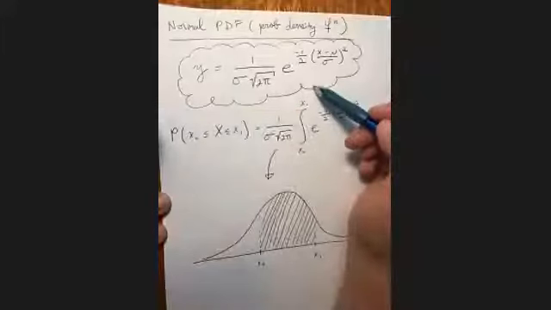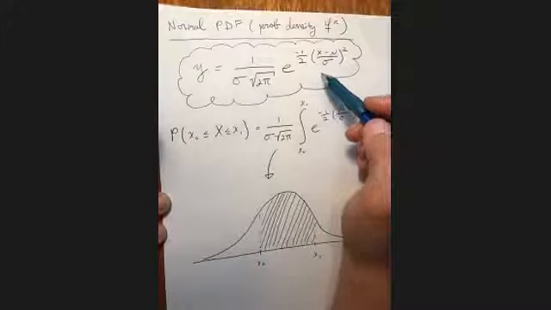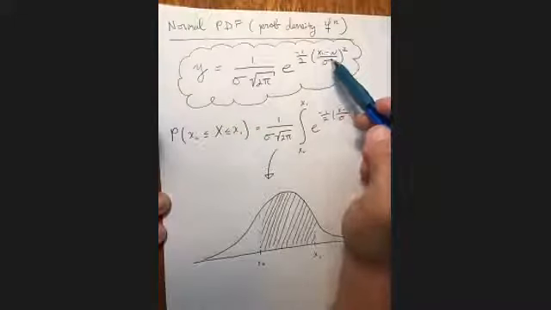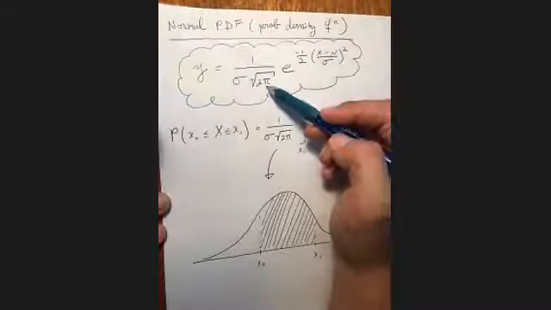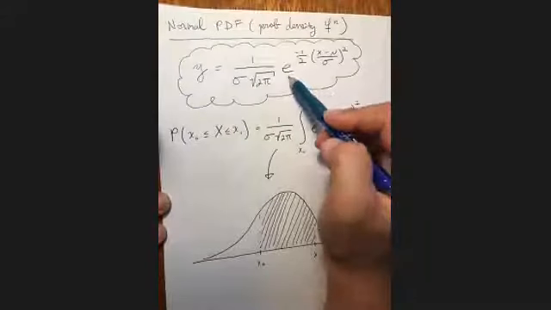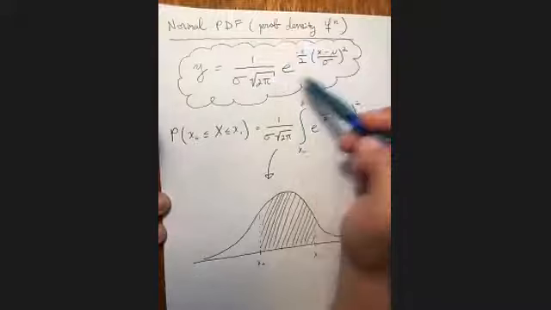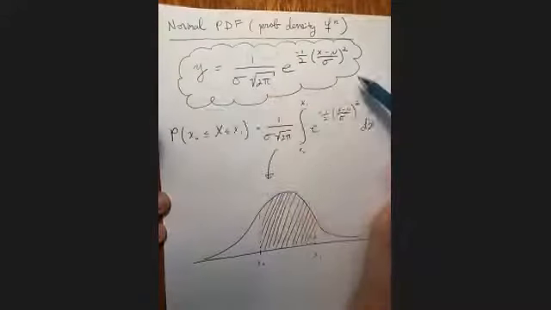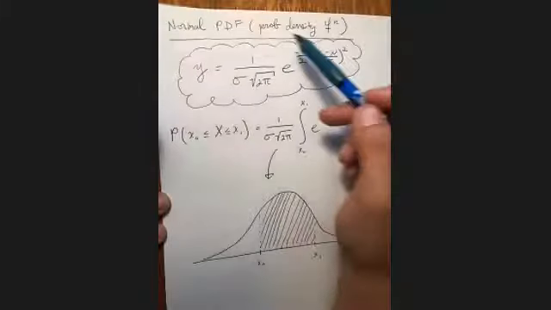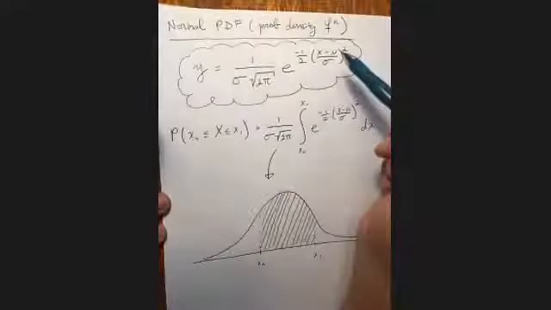So this is just here to show you what the probability density function looks like for a normal distribution. It's this very complicated expression that somehow involves a pi, somehow involves an exponential e, and yeah, it's complicated. So this is the density function, which we would use to calculate an individual probability.